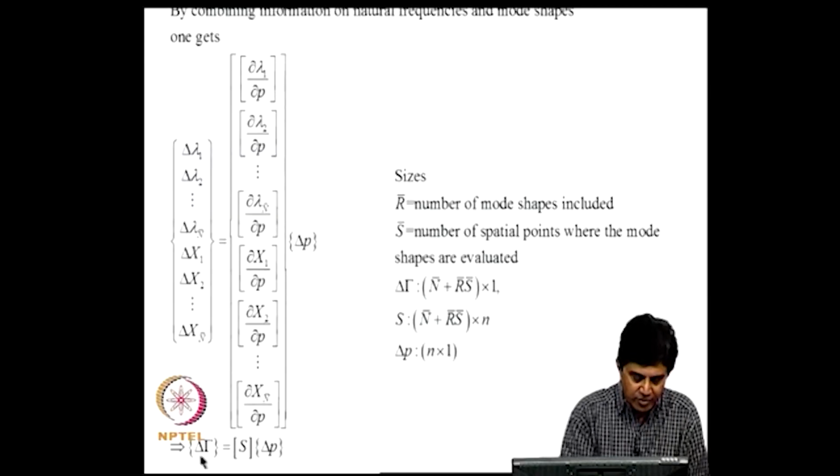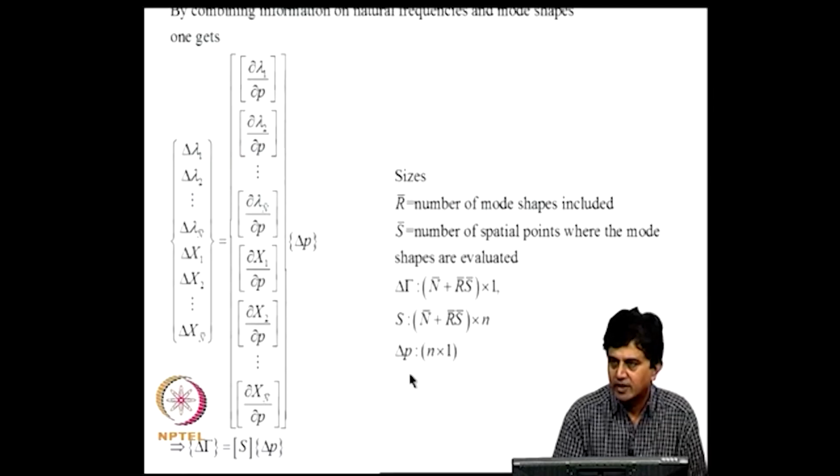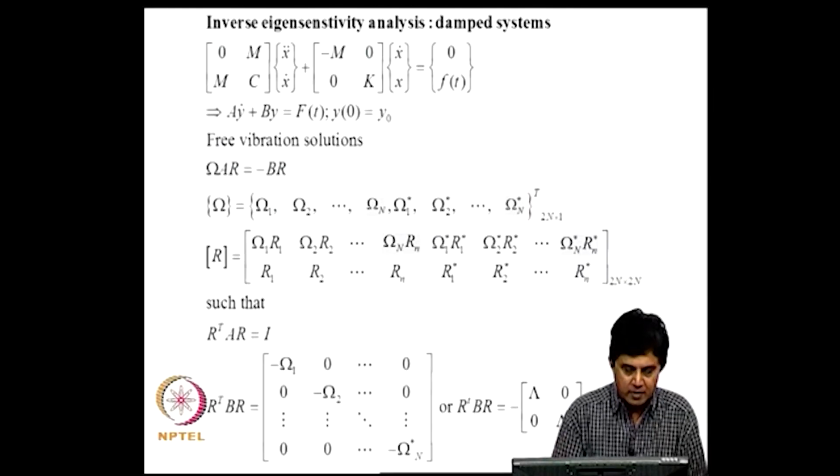So the final equation to be solved is this, and again I get delta p as S pseudo inverse delta gamma. In this approach we are considering natural frequencies and eigenvectors also, and while formulating sensitivity we may consider two eigenpairs at a time, three eigenpairs at a time, four eigenpairs at a time, and so on and so forth.